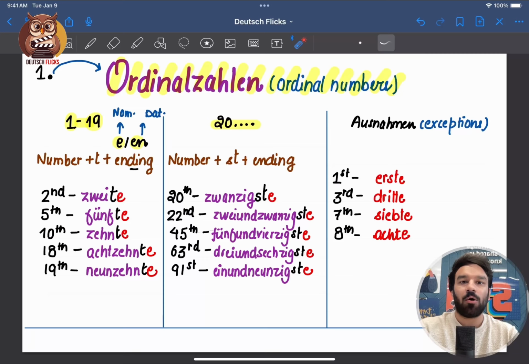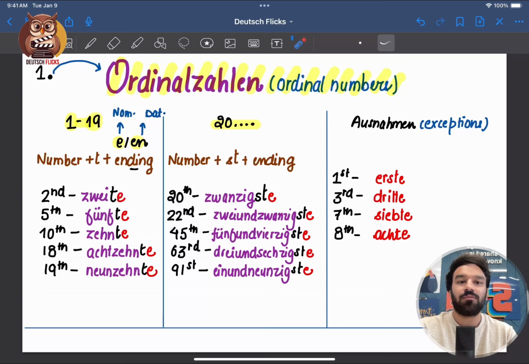So I have divided ordinal numbers into two main categories: numbers till 19, numbers above 19, so starting from 20, and then we have some exceptions. So you have to know what that number is called, then T, and then ending. It could be either E or EN. Now numbers above 19, instead of T we have ST, and these are the exceptions which you really have to just learn by heart. Now, if you're thinking, okay, we have discussed nominative as E and then dative EN, what about accusative case?